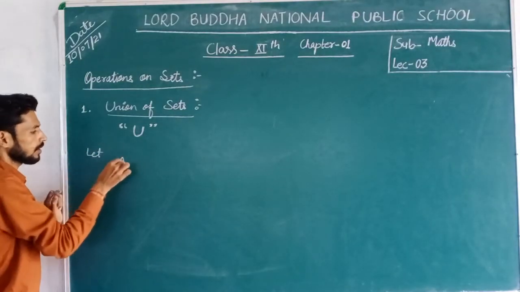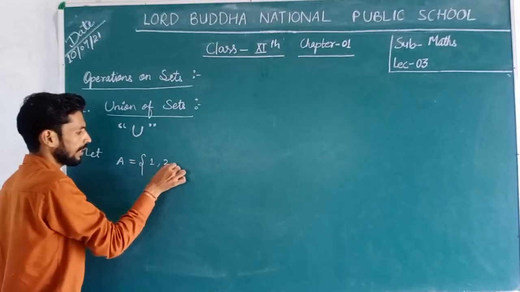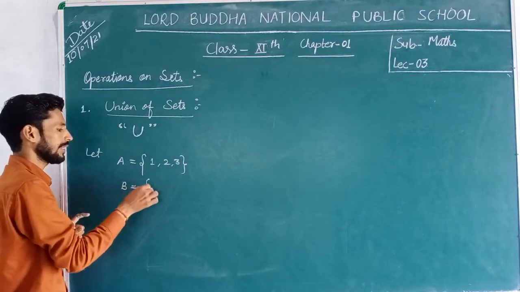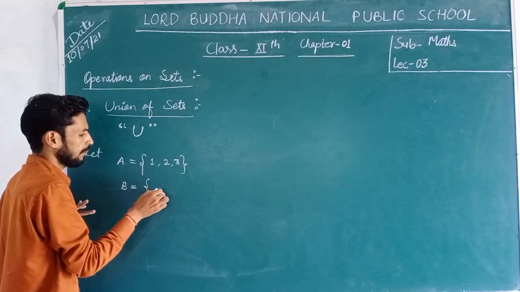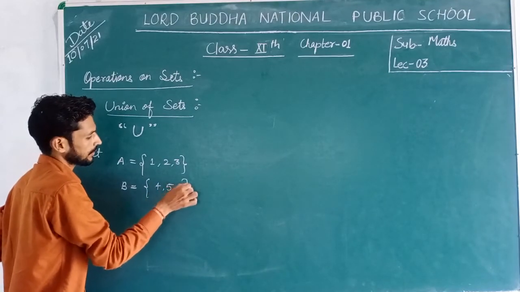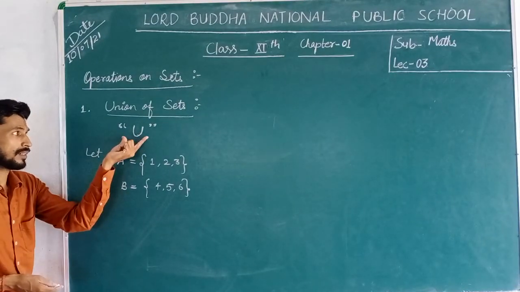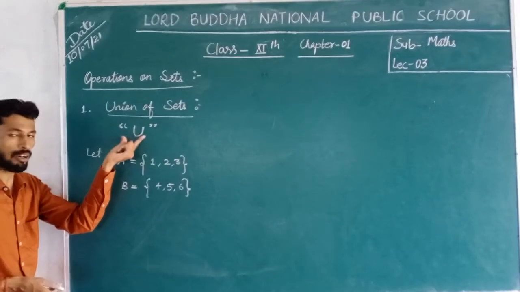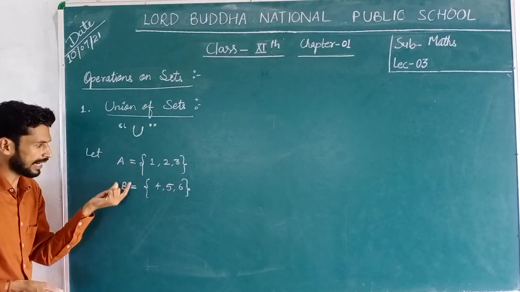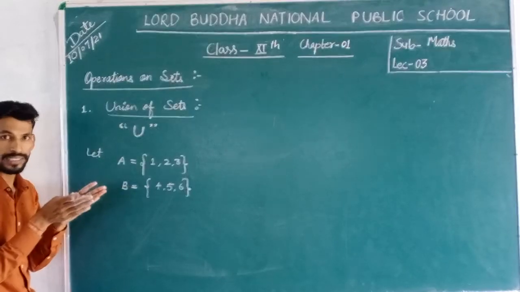Let A be the set which contains the elements 1, 2, 3, and another set B which contains the elements 4, 5, 6. Now, in the union of sets, all the elements of set A and set B will be written in one set.